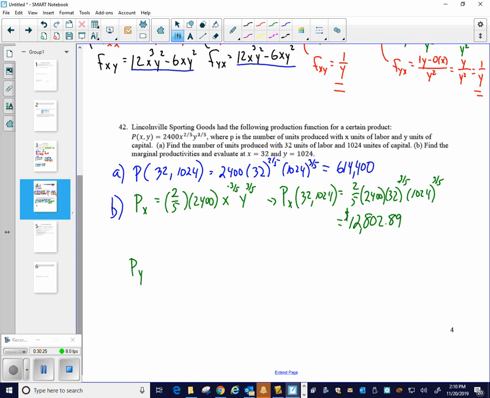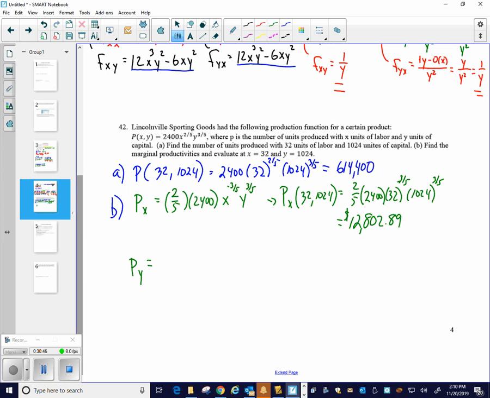So that would be the marginal productivity per unit of labor. So in other words, if we're only seeing how the units of labor change things, if we keep the amount of units of capital constant and just change the units of labor, this is how it would change things. So now let's see what p sub y would be. That would be taking the derivative with respect to y only.